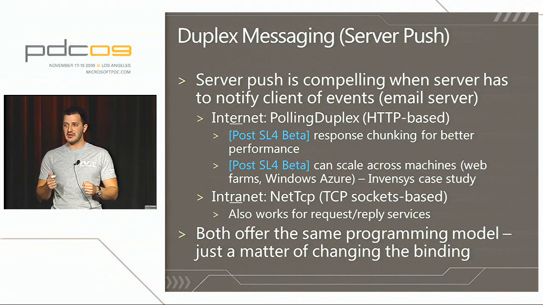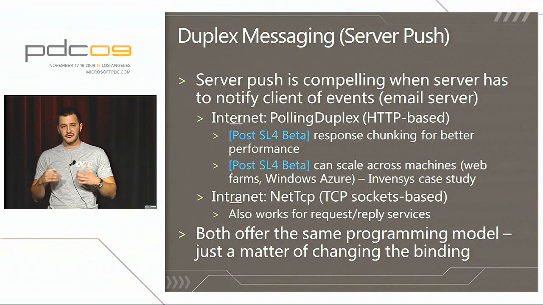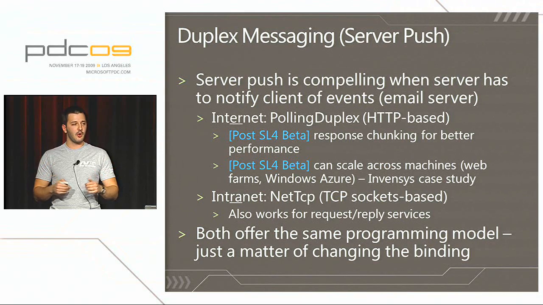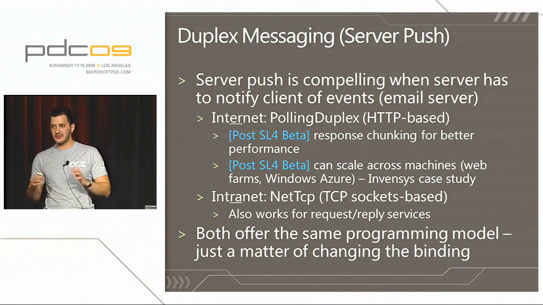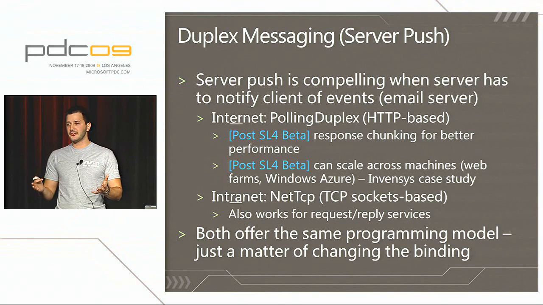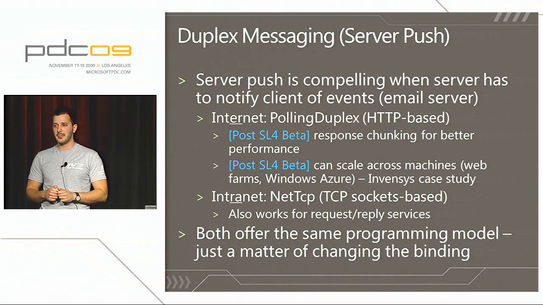That's not something that's really easy to do in Silverlight 3. And in Silverlight 4, we're considering giving you a way to do that. So you can go ahead and have maybe 5 or 6 or 10 machines running these HTTP duplex services distributed in a fabric like Azure, or even in your own enterprise behind the load balancer. So these are 2 new features that we're considering in Silverlight 4 that are not available in the beta, but you should look out for.